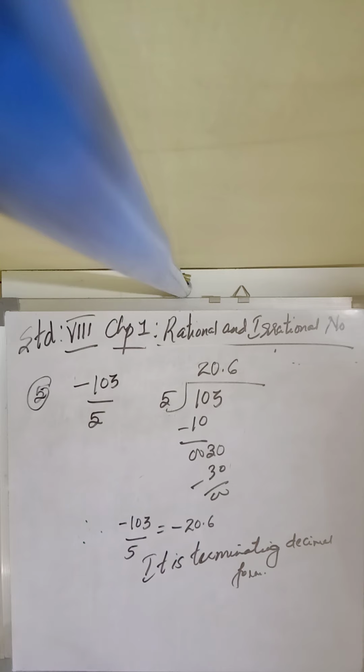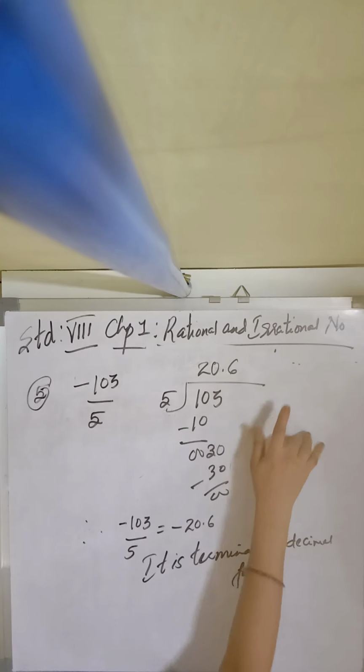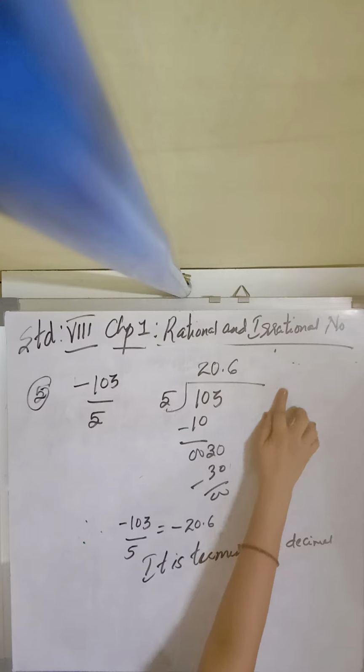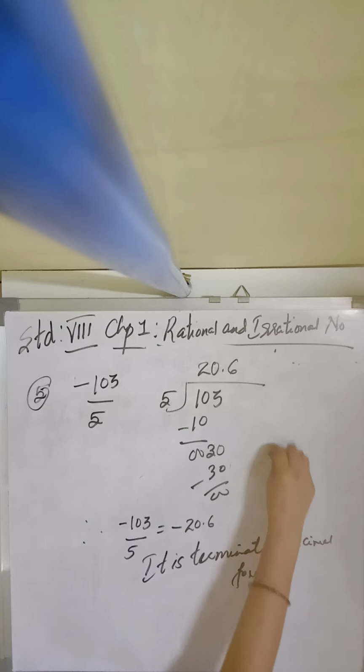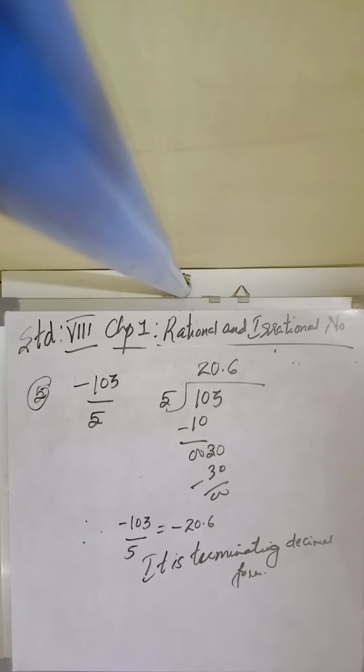Clear? Okay. And in the next video, children, we will be learning about irrational numbers, the last topic of this chapter, and how to draw those irrational numbers on the number line.